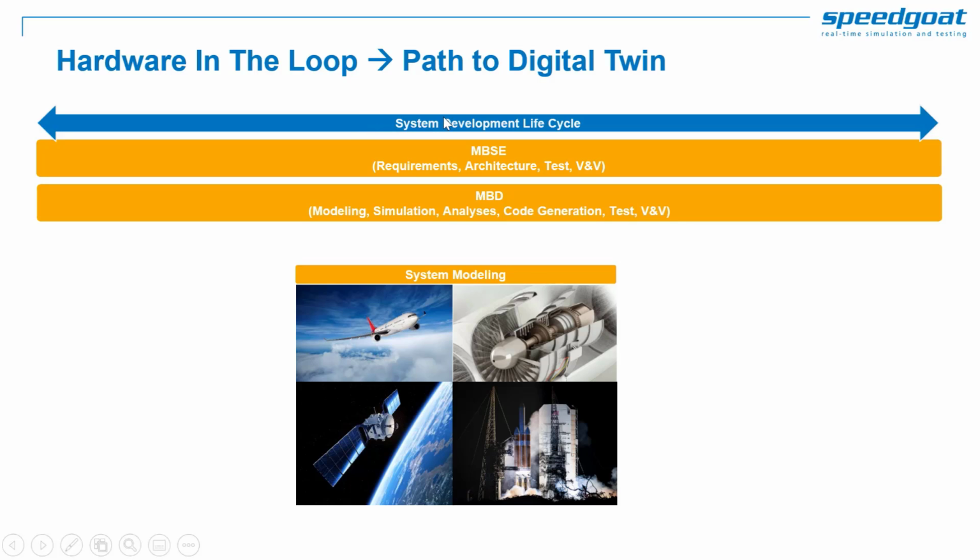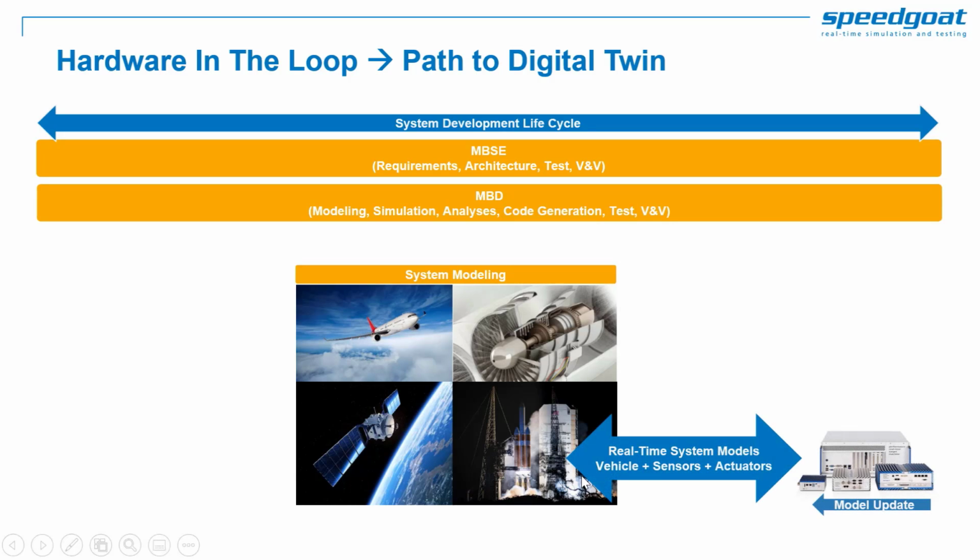Hardware in the loop can be seen as a path to a digital twin. Over the system development life cycles, when proper model-based systems engineering and model-based design practices are utilized, you develop models from the component, subsystem, and even system level, ultimately integrated into an entire or complete model of the system, which can then be deployed in a real-time sense to a real-time target, such as those offered by Speedgoat.